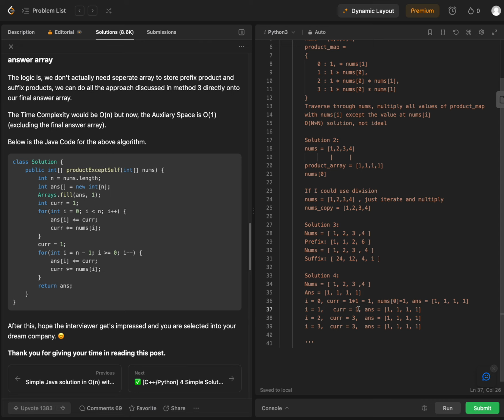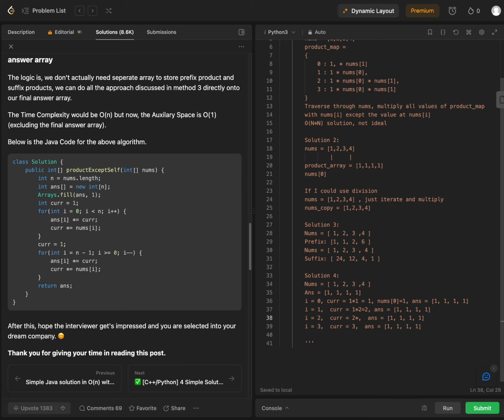When I equals to 1, you want your answer in this array multiplied by current. Current is still 1, right? This time this is still 1, so nothing happens. Now you want to multiply your current by 1 times 2 equals 2. Okay? Cool. And then once we have 2, we go to the next loop. Now your current is equals to 2.